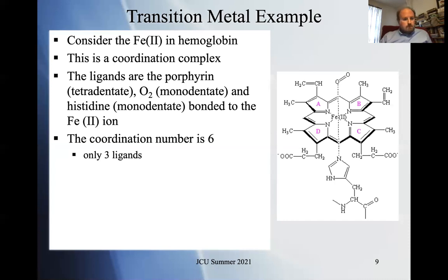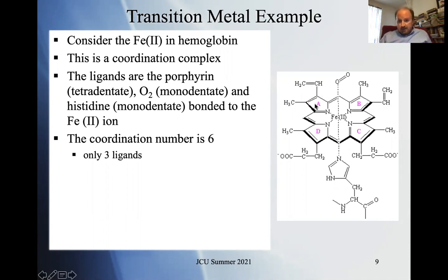Sorry, Professor, could you walk us through one more time how we know that the nitrogens are really one ligand that is tetradentate as opposed to 4 that are monodentate? Well, if you look, this whole thing is all connected. For a ligand to be monodentate, it needs to be a standalone entity.